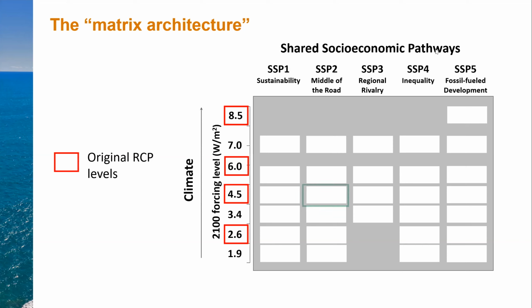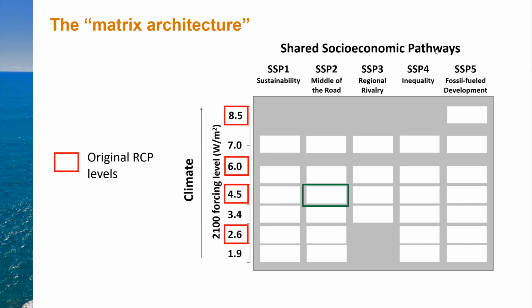But otherwise, if you picked any individual box, like this one I'm highlighting here in green, that would represent a container for all of the studies that investigated what the world would look like, what impacts would be, how much mitigation would cost, how effective adaptation would be, if we were in a world that in societal terms evolved according to the SSP2 storyline, and in climate terms followed the 4.5 watt per meter squared forcing pathway.